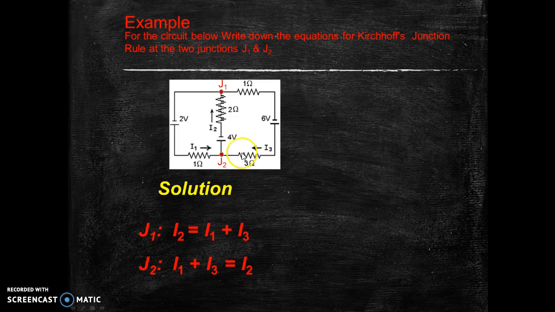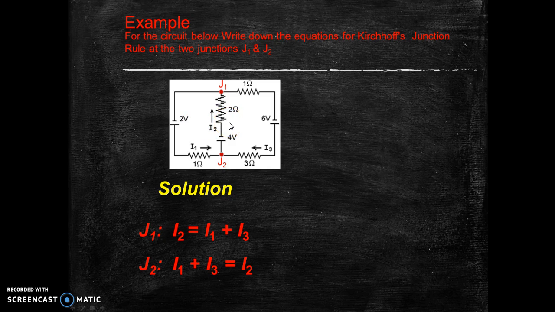Now for the second junction, which is here, the currents going into the junction are I1 and I3. I2 is going out of the junction.